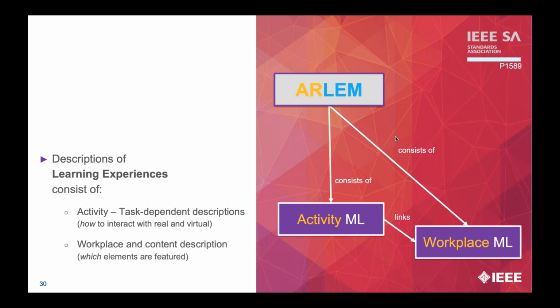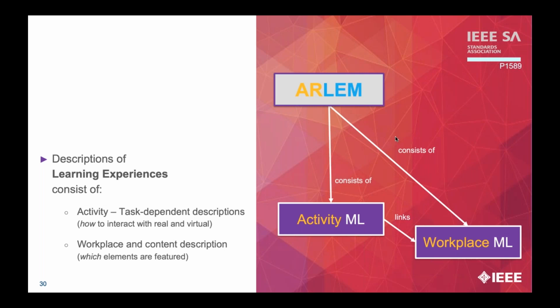ARLEM consists of two parts. It consists of a modeling language for activities, kind of a real-world executable workflow language. And it consists of the missing bit that none of these existing workflow languages that you would find out there for ages cover at the moment.